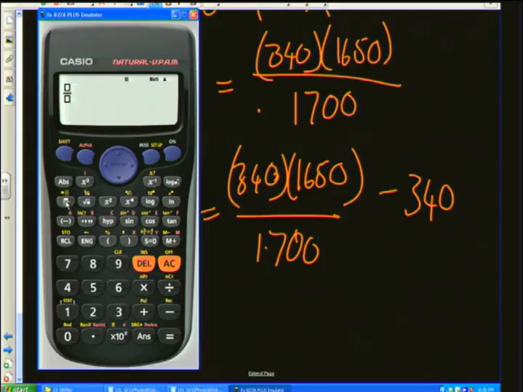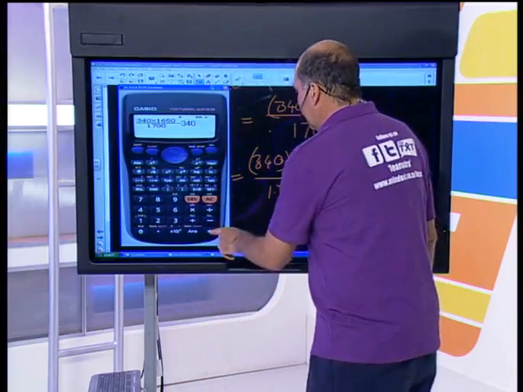I'm going to say 340 multiplied by 1650, then underneath on the denominator 1700. Make sure that you've got everything in there, and then I'm going to subtract 340. Now, here's a prediction. Because I have a negative on that one side, I think this is going to be a negative answer. Let's see what it says.